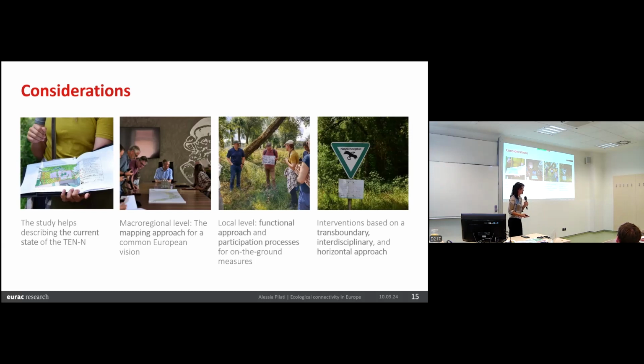We are talking about time, also yesterday, and for us, it was important to try to find something effective. So interventions should be based on a transboundary, interdisciplinary, and horizontal approach.